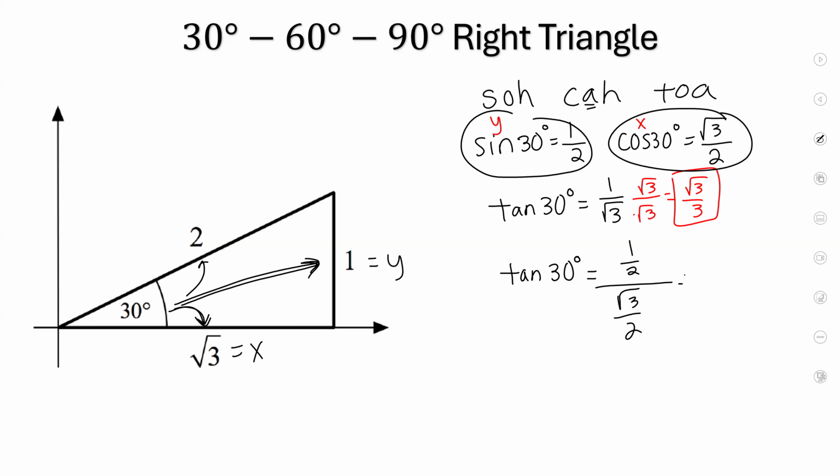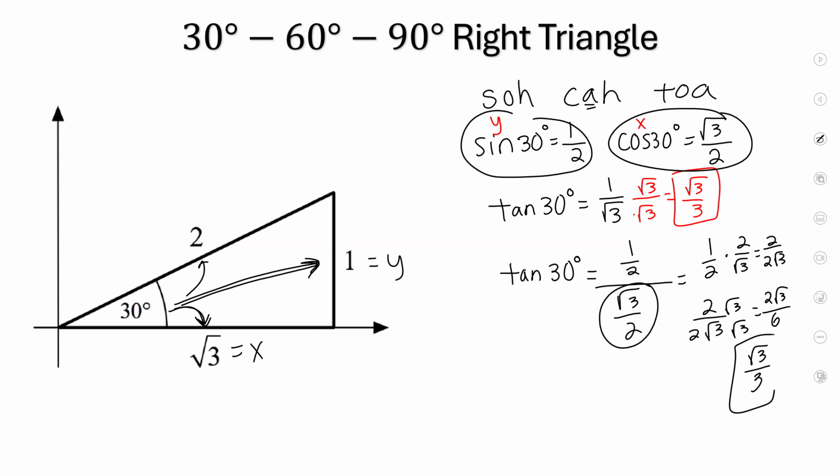And if you flip this, it'll be 1/2 times, you flip the second one, so 2 over square root of 3. You get 2 over 2 square root of 3. We cannot keep this the way it is. We have to multiply by the square root of 3. So you get 2 square root of 3 over 6, which is square root of 3 over 3. That was a lot, but that's also how you can do it, okay?